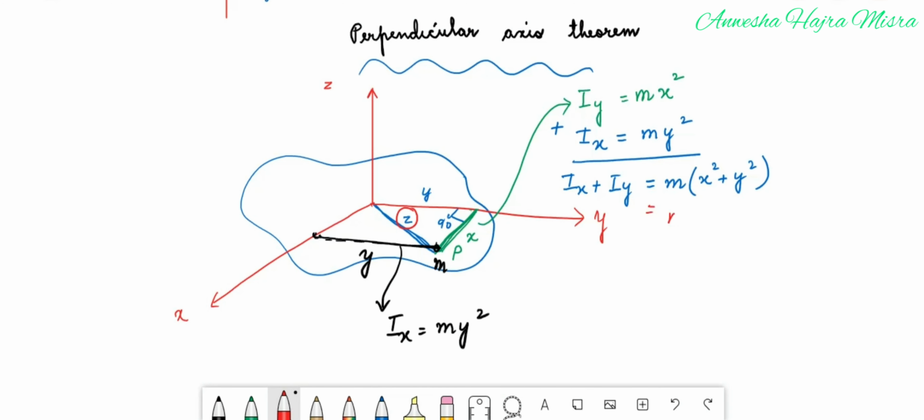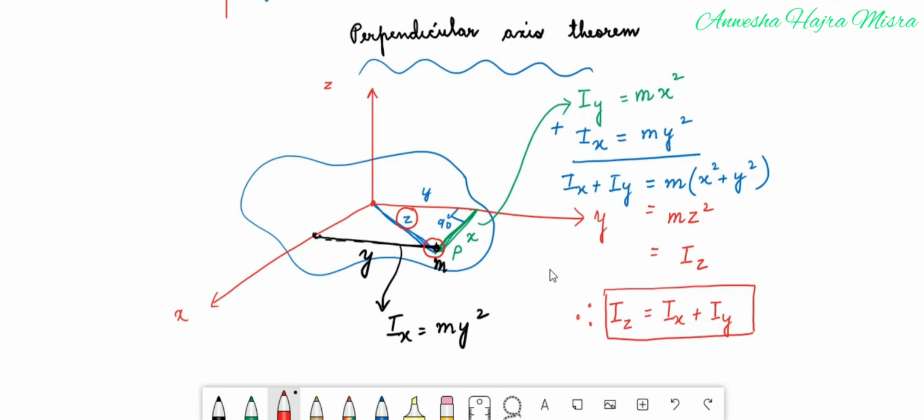So this can be written as m into z square, and z is the distance of this mass m from the z-axis. So this can be written as Iz. The perpendicular axis theorem tells us that Iz can be obtained by Ix plus Iy. This is my perpendicular axis theorem.